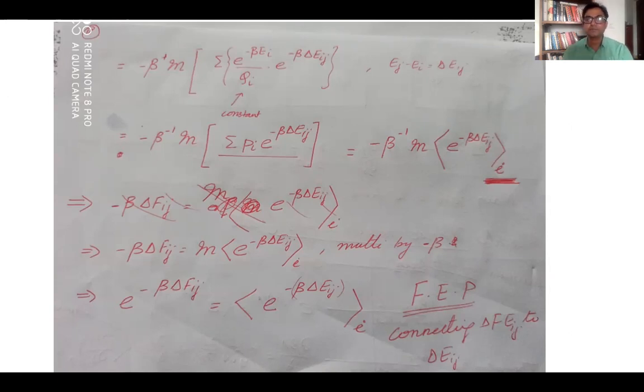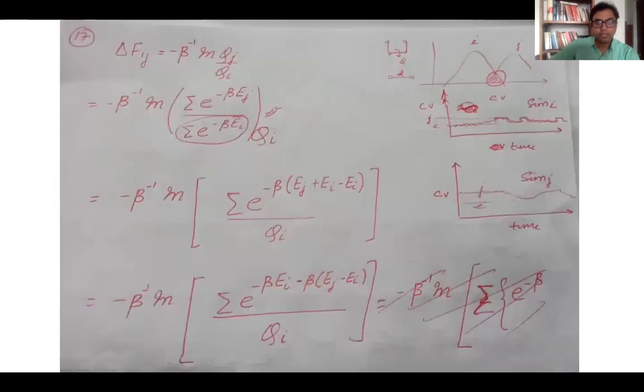You do this over and over again for good sampling, and if you have good overlap between the two, then you would end up having a sensible free energy difference.